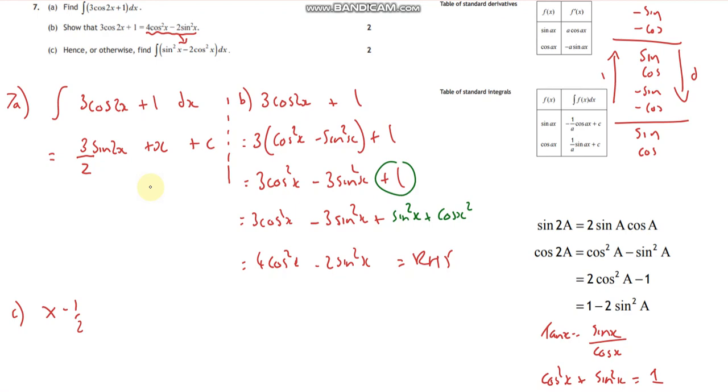Okay, so the original function, I'll just write that. I'd maybe just say that the integral of sine squared x take away 2 cos squared x dx, that is then going to be equal to the integral of my 3 cos 2x plus 1 dx multiplied by, and it's -1/2.